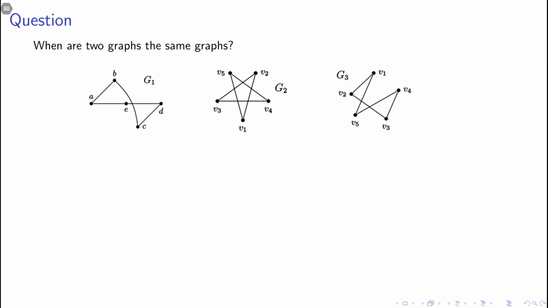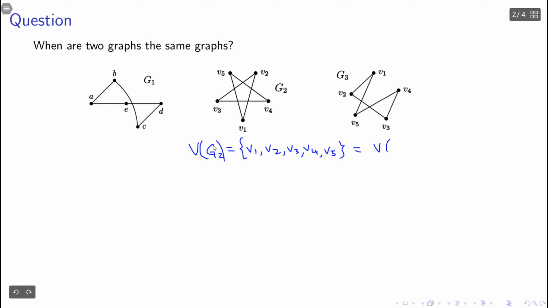Okay, now if you look at the graphs G2 and G3 in this example, it's pretty clear that even though they're drawn differently on the slide here, they are actually the same graphs in the sense that, if you were to write down their vertex sets, the vertex set of G2 is V1, V2, V3, V4, and V5.